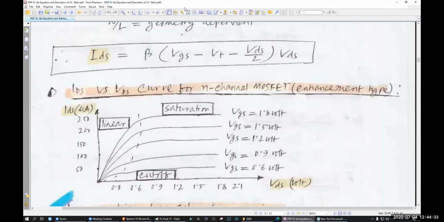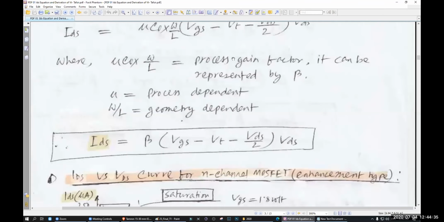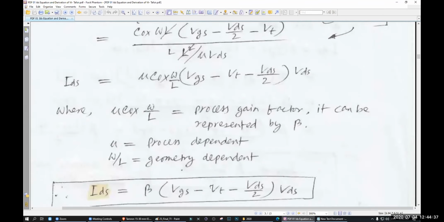Okay. Now, I want to do something interesting here. Since we have developed one equation, let's try to put some value here and see what happens.